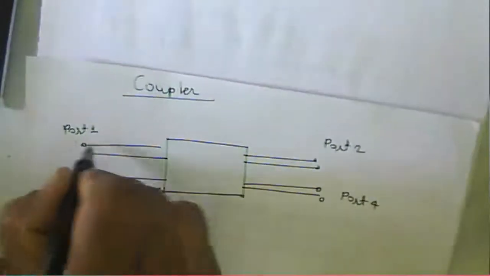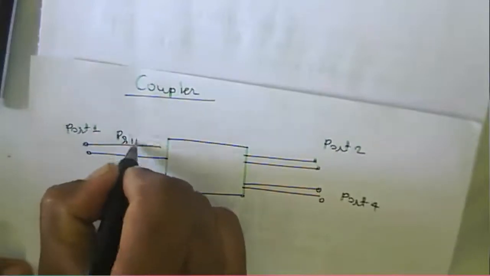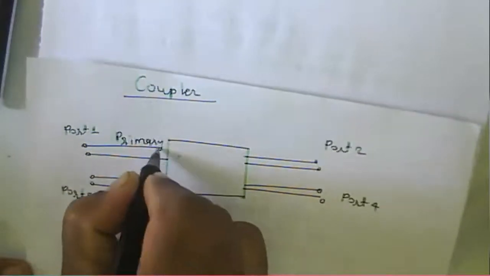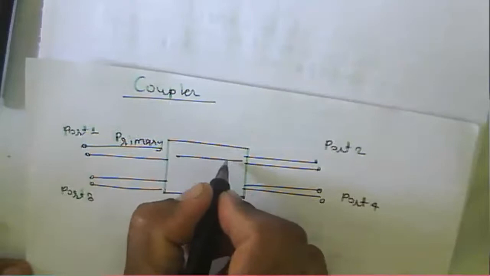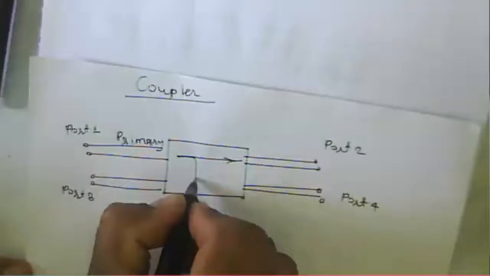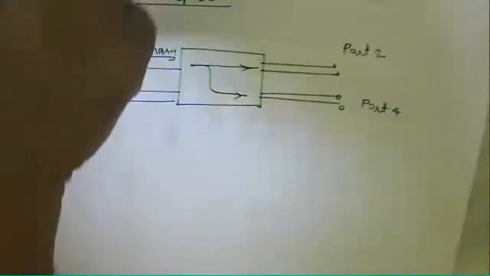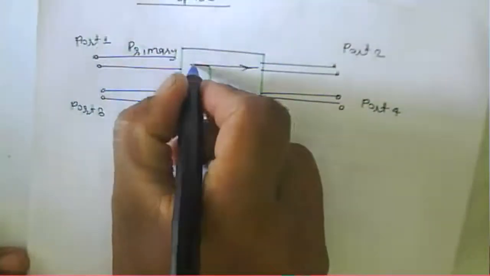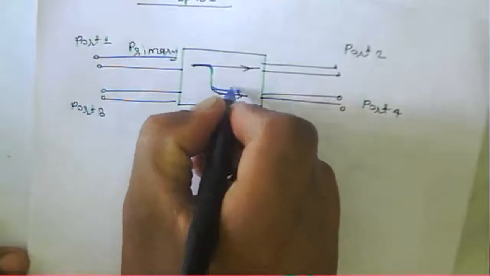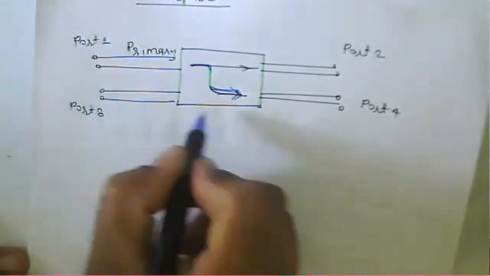This is your primary waveguide, but your power is coupled to your secondary arm, this way. No power goes to this particular port.